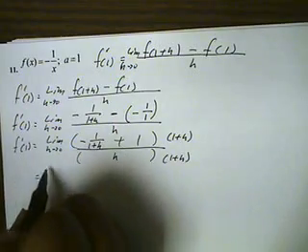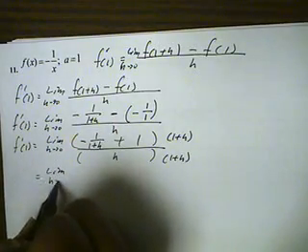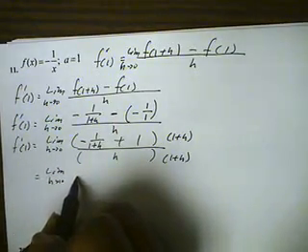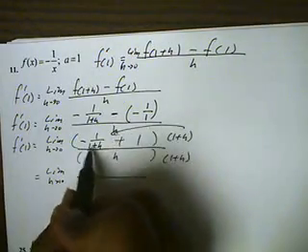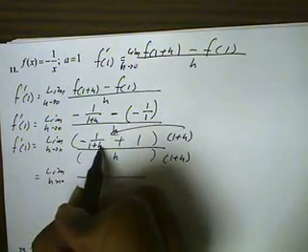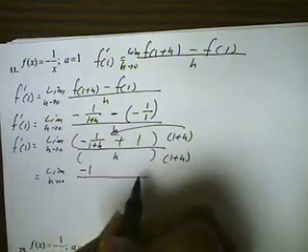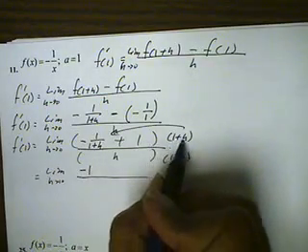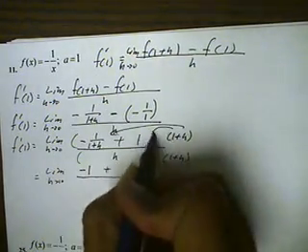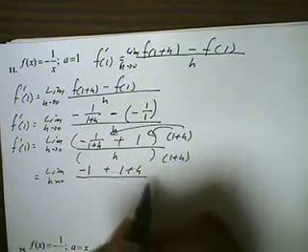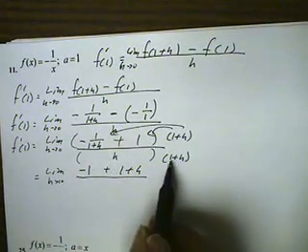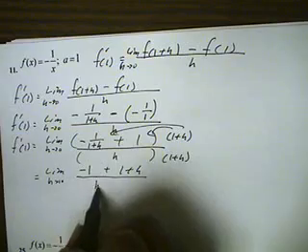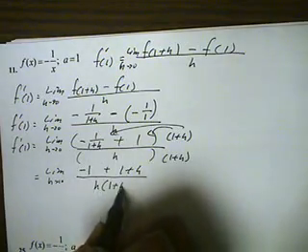As a result, we're going to get, let's see, this times this. 1 plus h divided by 1 plus h times negative 1 is negative 1. 1 plus h times 1 is going to be 1 plus h. And 1 plus h times h is going to be h times 1 plus h.